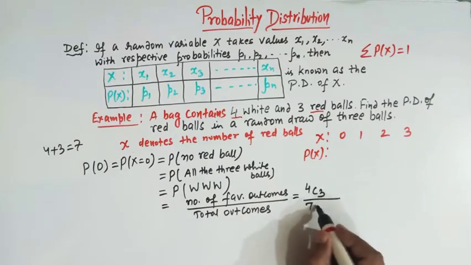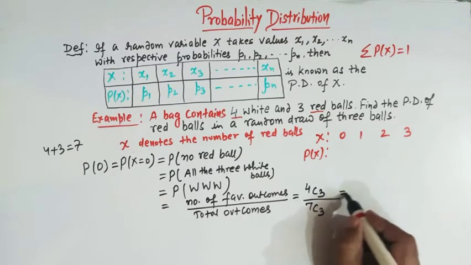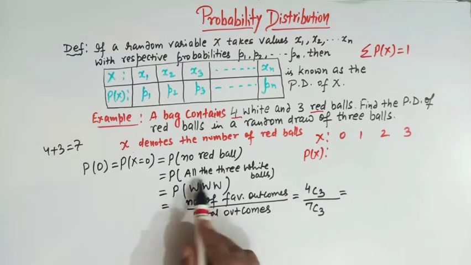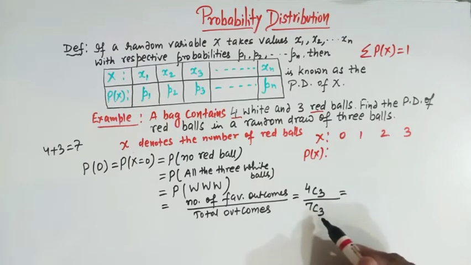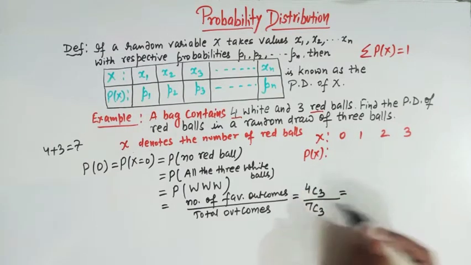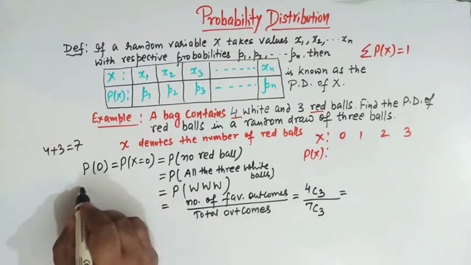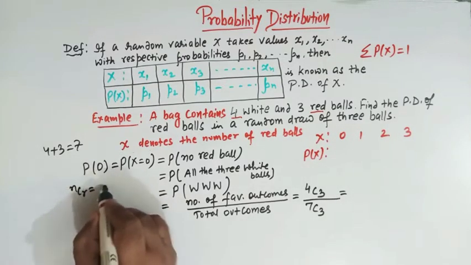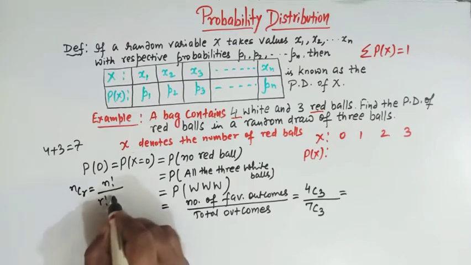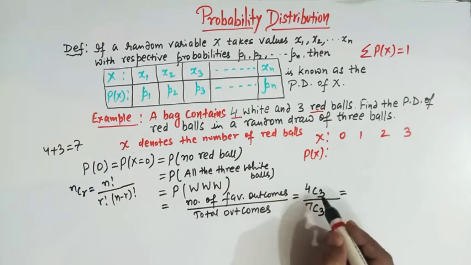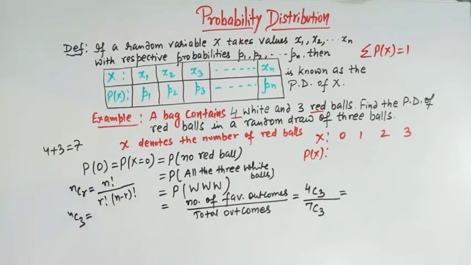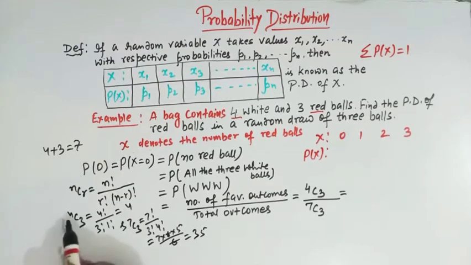So this is 7C3, right? So the probability of getting all the 3 white balls is 4C3 divided by 7C3. Now if we solve it using the formula nCr is n factorial divided by r factorial multiplied by (n minus r) factorial, we see that 4C3 is 4, and 7C3 is 35, right?